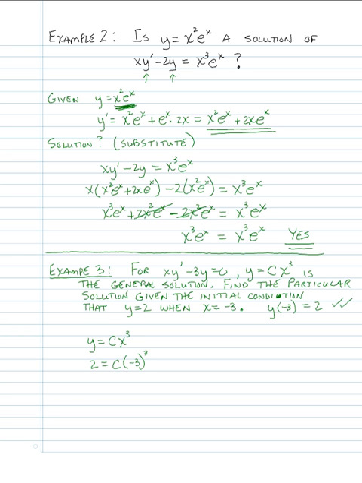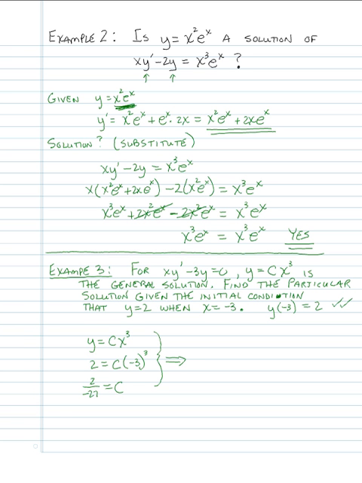Well, from this condition, we can easily solve and determine what the value of c is. Here we would end up with 2 over negative 27 is equal to c. So that information tells us what the c is for the particular solution; we know the exact value of c.